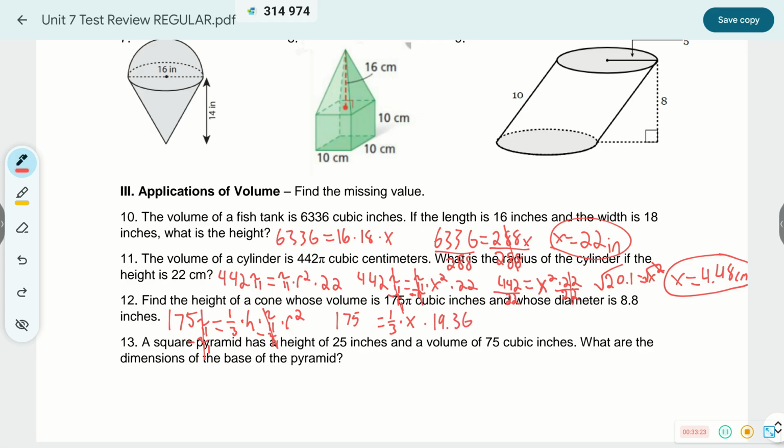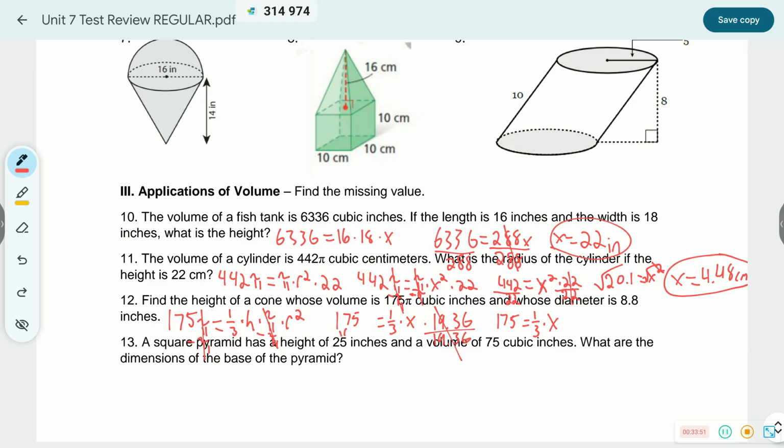Now we have 175 equals 1/3 times x times 19.36. If we want to cancel this 19.36, we have to divide by 19.36. So that cancels. 175 divided by 19.36.